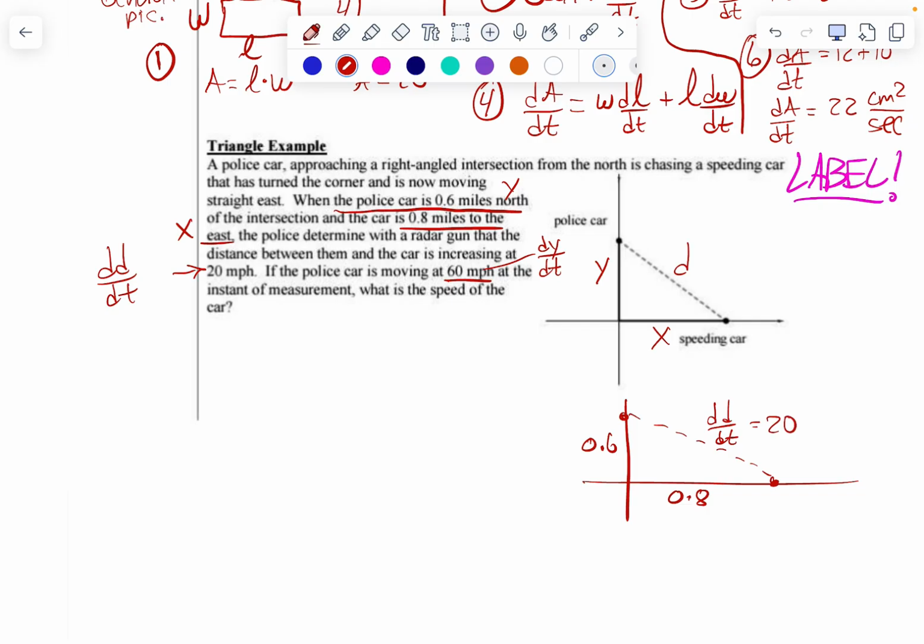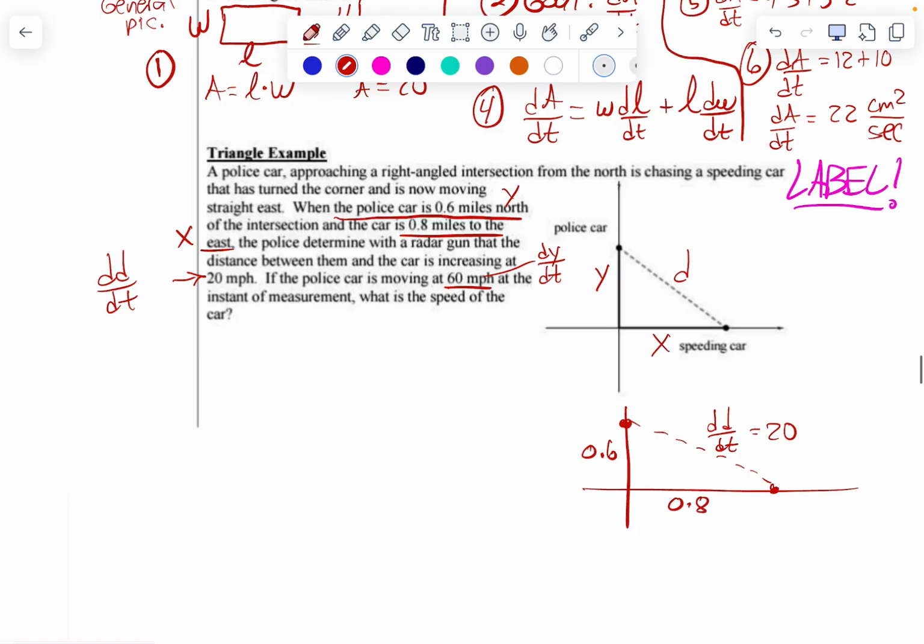Now, over here we also know that the police car's moving toward the intersection at 60, but what should we label that? Think about this now in a math context. If we're speeding in this direction, what am I plugging into the equation? Negative, right?